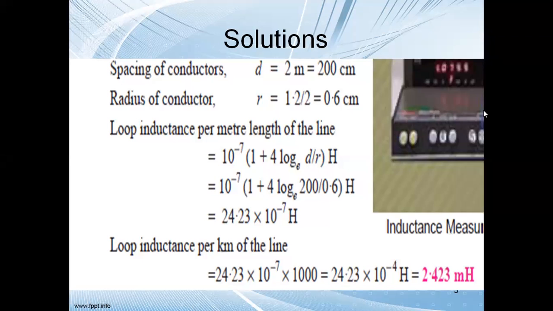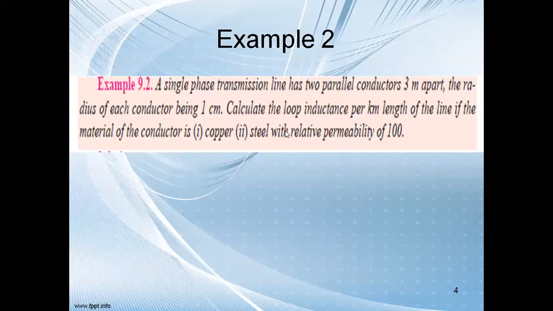Now the loop inductance per kilometer of the line will be multiplied by 1000, so it is in millihenry. Whatever answer you are getting, you are all getting that same answer, no? Yes sir. Okay, maybe correct.